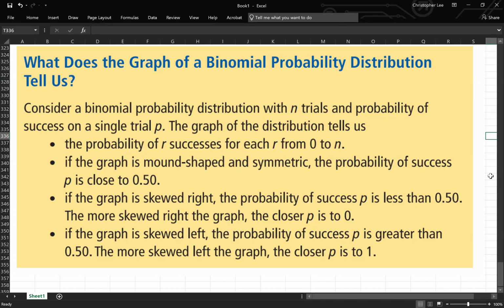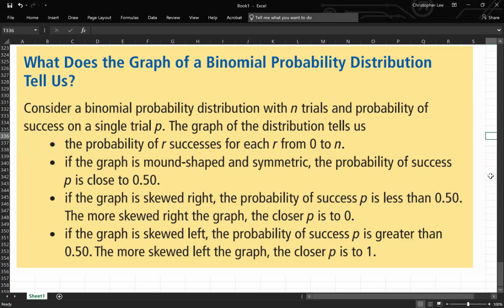All right, so what does the graph of a binomial distribution tell us, right? Consider a binomial probability distribution with n trials and probability of success on a single trial p, right? The graph of the distribution tells us the probability of r successes for each r from 0 to n.